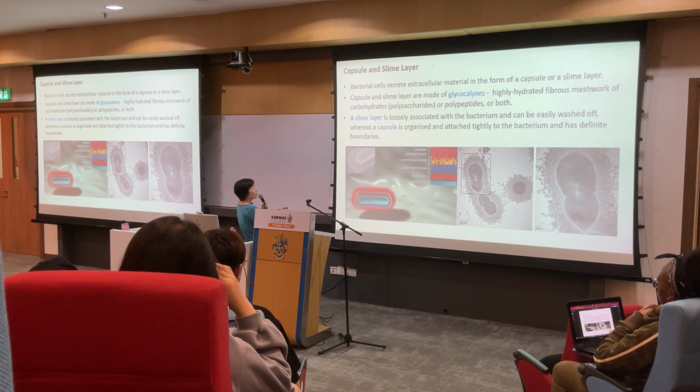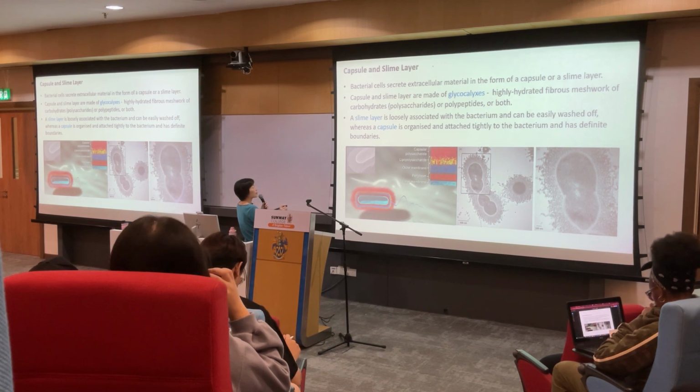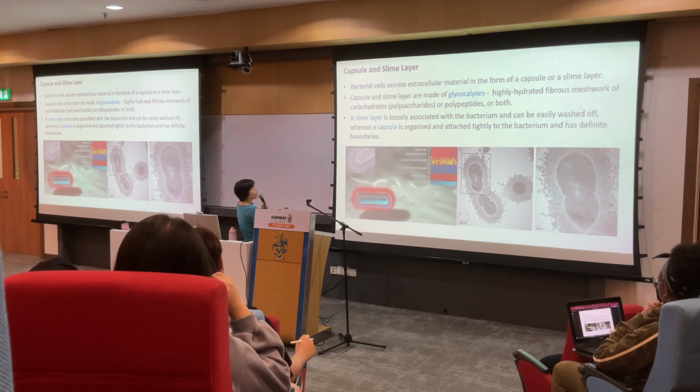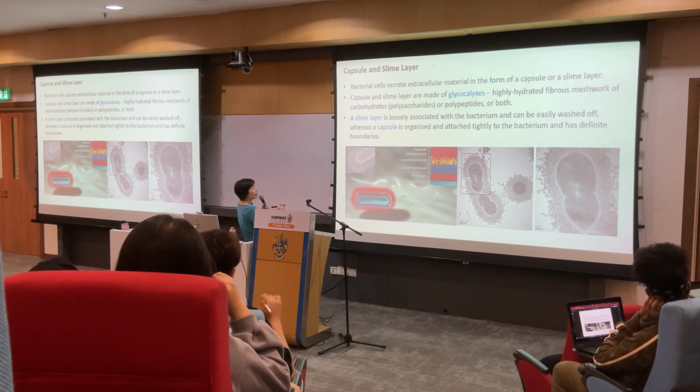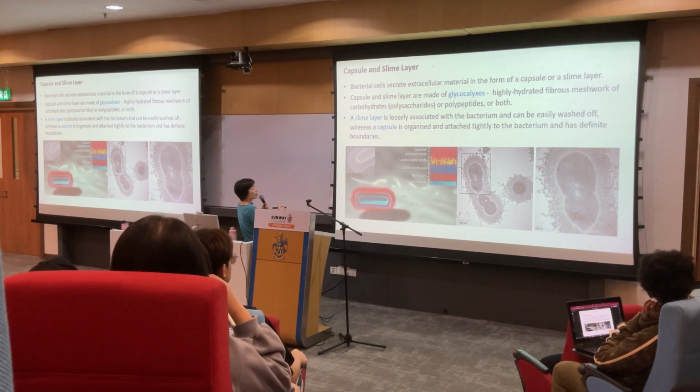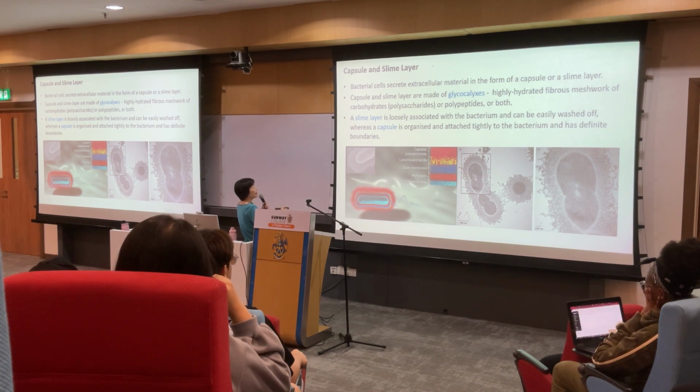On top of the LPS, the bacteria secrete this capsule. Even this electron micrograph clearly shows a cell. I think it may be dividing, but outside here, this is a capsule, very clear under the electron micrograph.